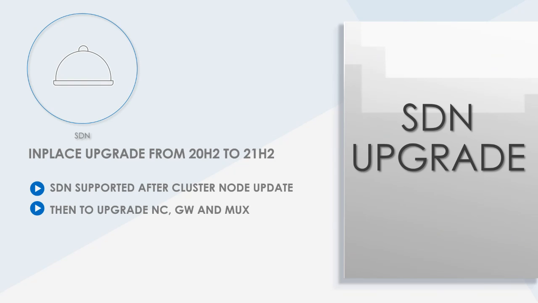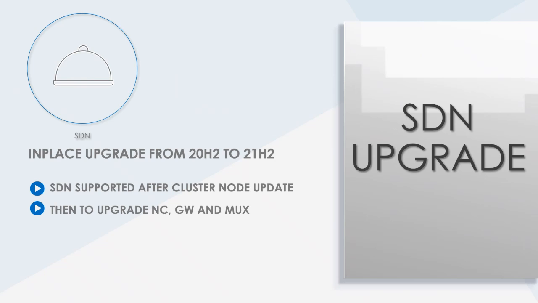SDN virtual machines are running on 20H2, the hosts are running on 21H2. I can then, on each VM, the network controller, the MUX, the gateway, upgrade the OS to 21H2, and because I've got a highly available service, three network controllers, three gateways, three MUXes, load balancers, I can enable that and maintain business as usual from my SDN.